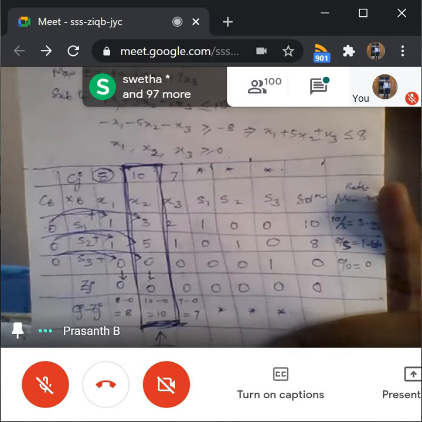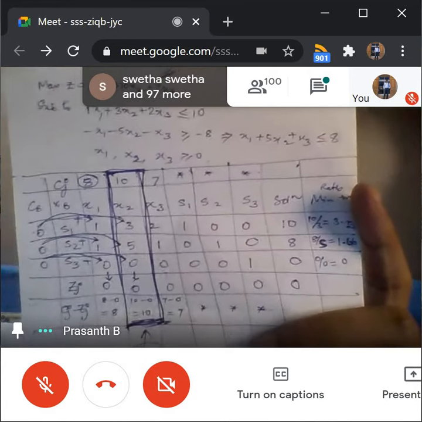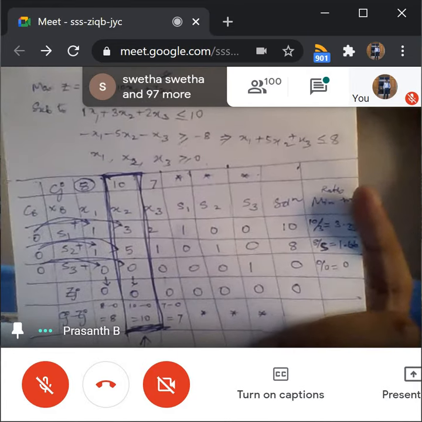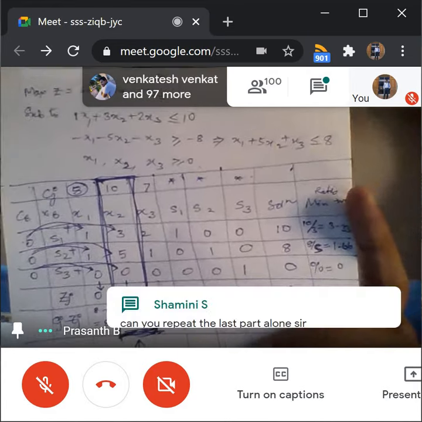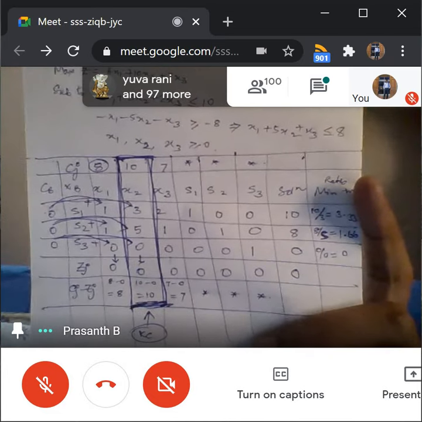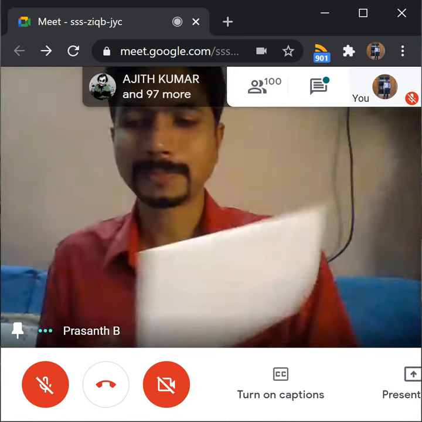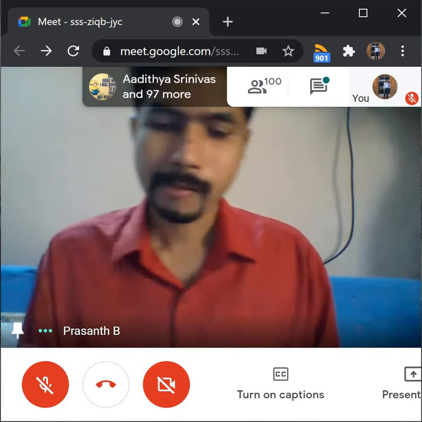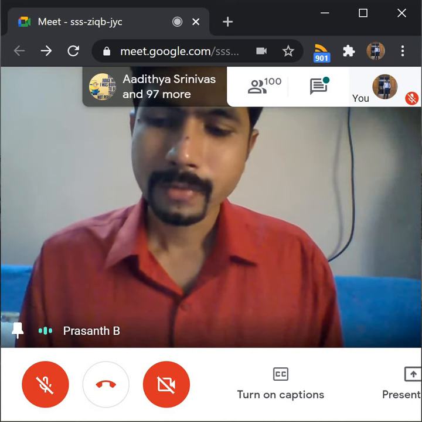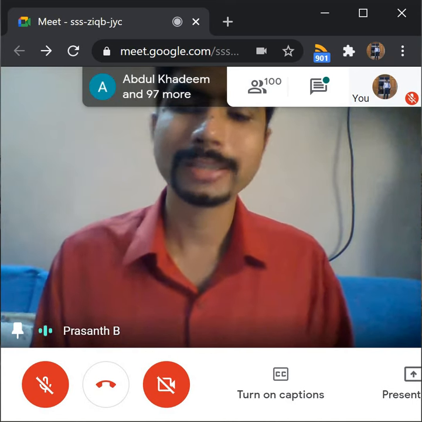We are putting these values in the minimum positive ratio: 10 by 3, and the second one is 8 divided by 5, right? So 10 by 3 is 3.33, 8 by 5 is 1.66, 0 by 0 is 0.